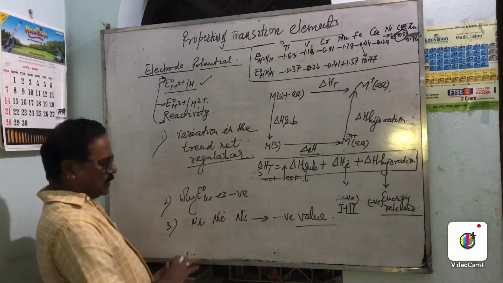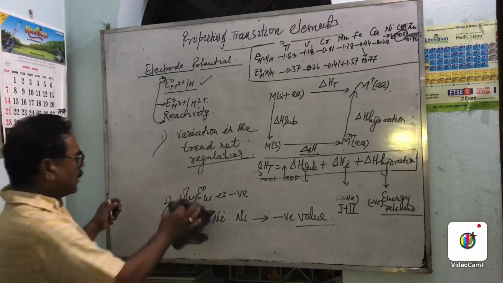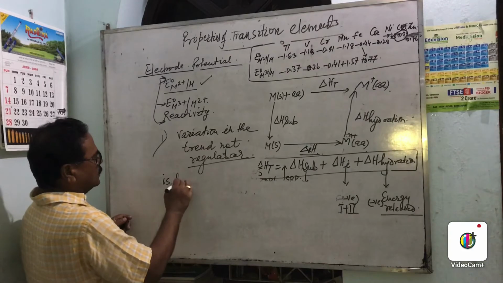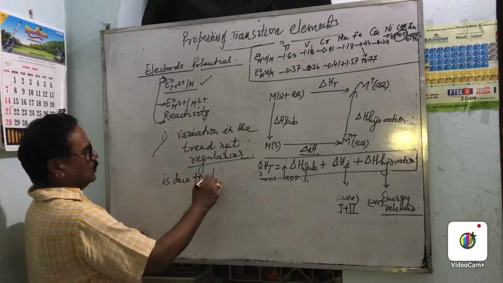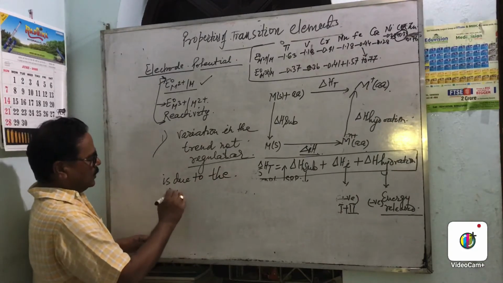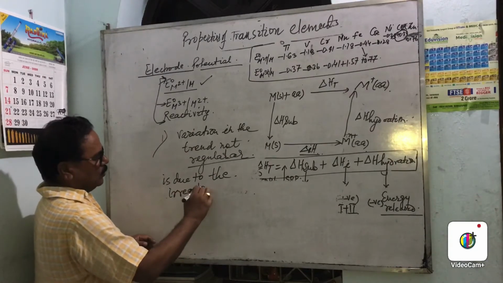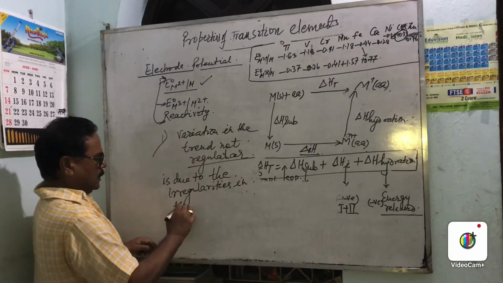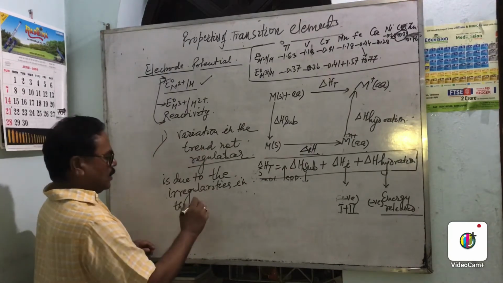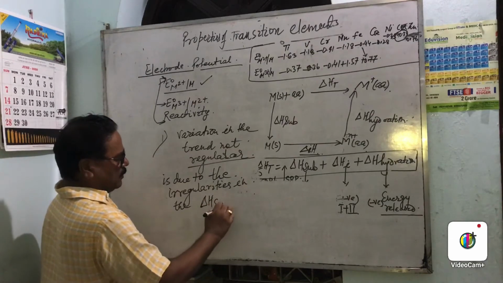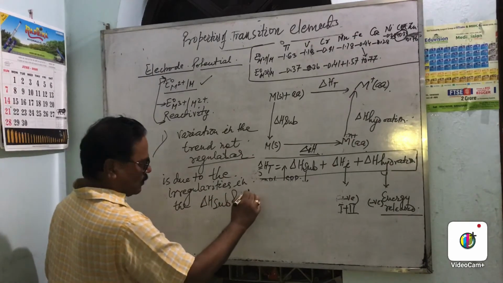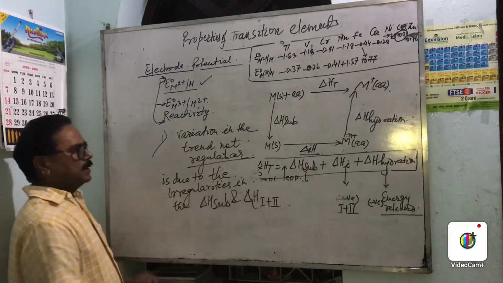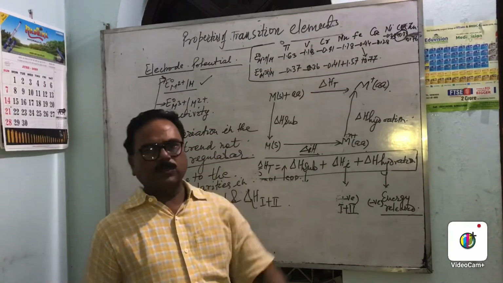So the irregularity is due to the irregularities in the enthalpy of sublimation and the sum of ionization enthalpy 1 and 2. This is the reason the value is not regular.